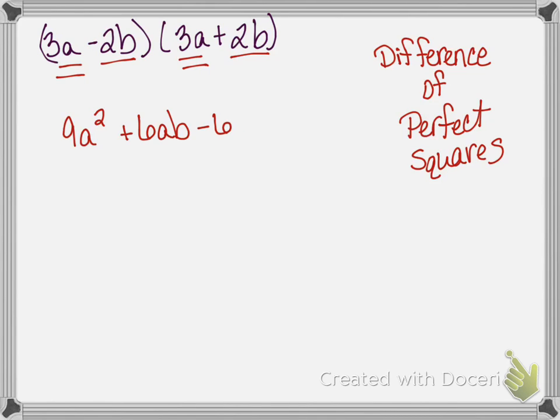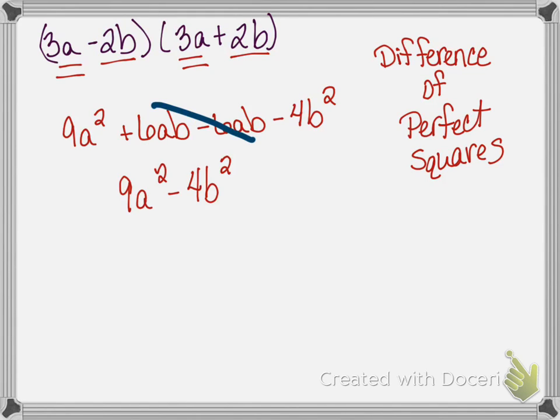They are going to be like terms, but one is positive 6 and one is negative 6. So what's going to happen to those two middle terms? They're going to cancel out. Okay, that's what happens with difference of perfect squares. Then I have negative 2b times positive 2b. So that's negative 4b squared. In the difference of perfect squares, those in the middle always cancel out. And I'm left with 9a squared minus 4b squared.